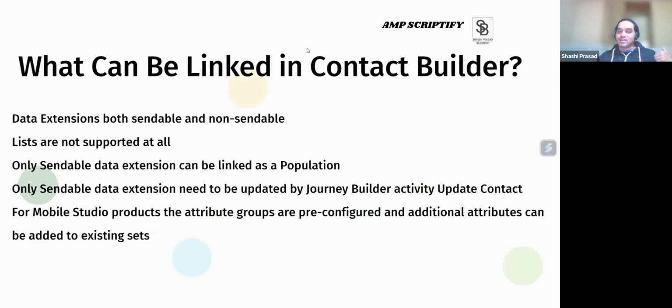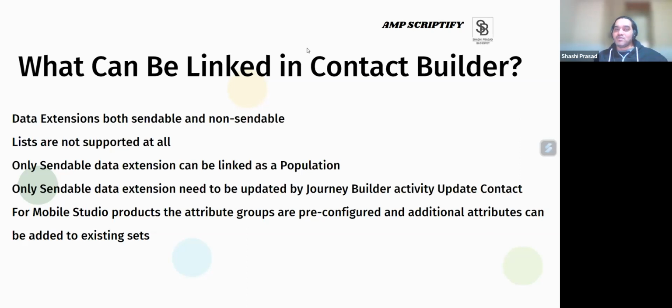Okay. And coming to Mobile Studio, once you enable Mobile Studio in your Marketing Cloud, it comes into attributes as pre-configured attributes. You can add some additional attributes there, or you can create a data extension and link it back to that attribute.